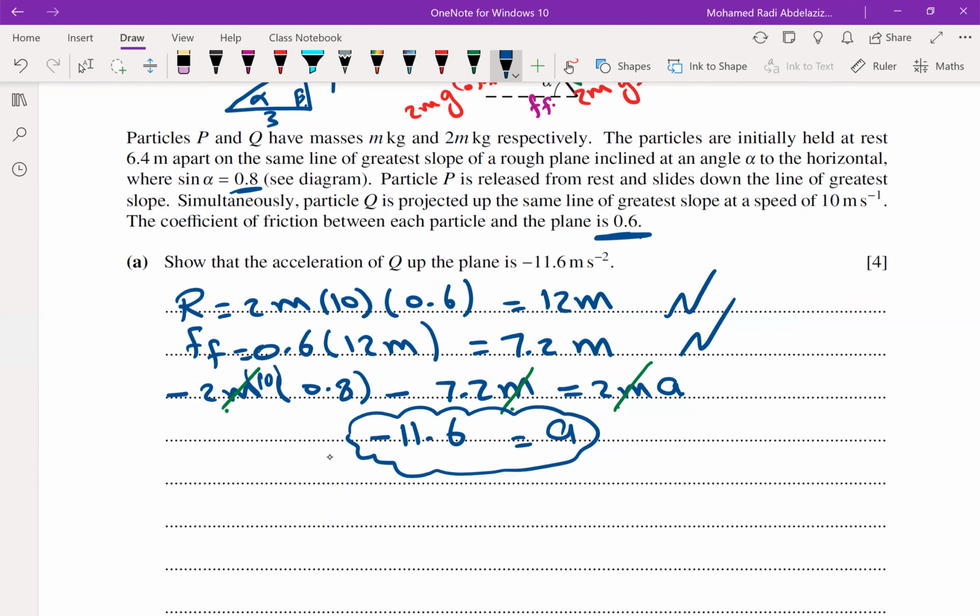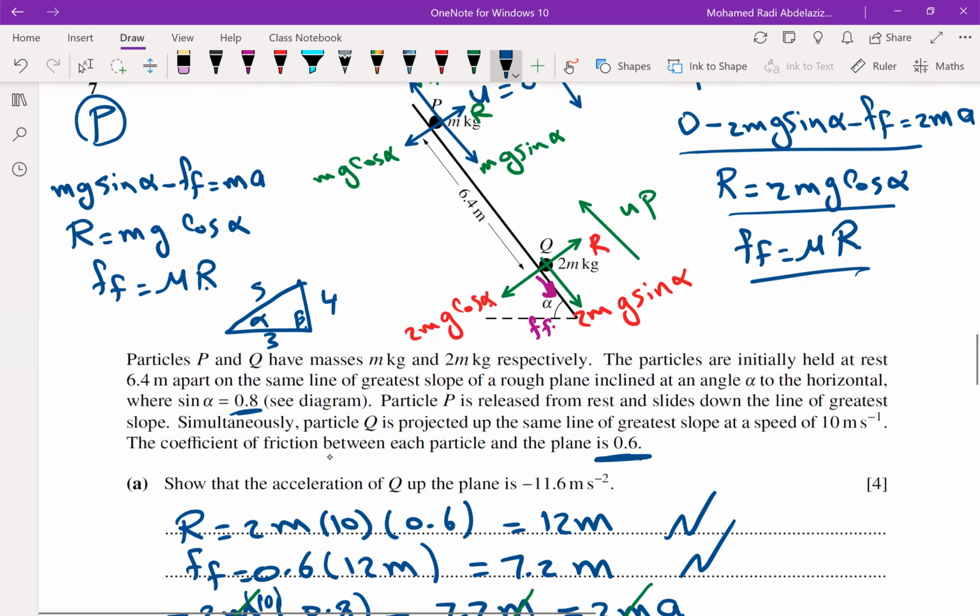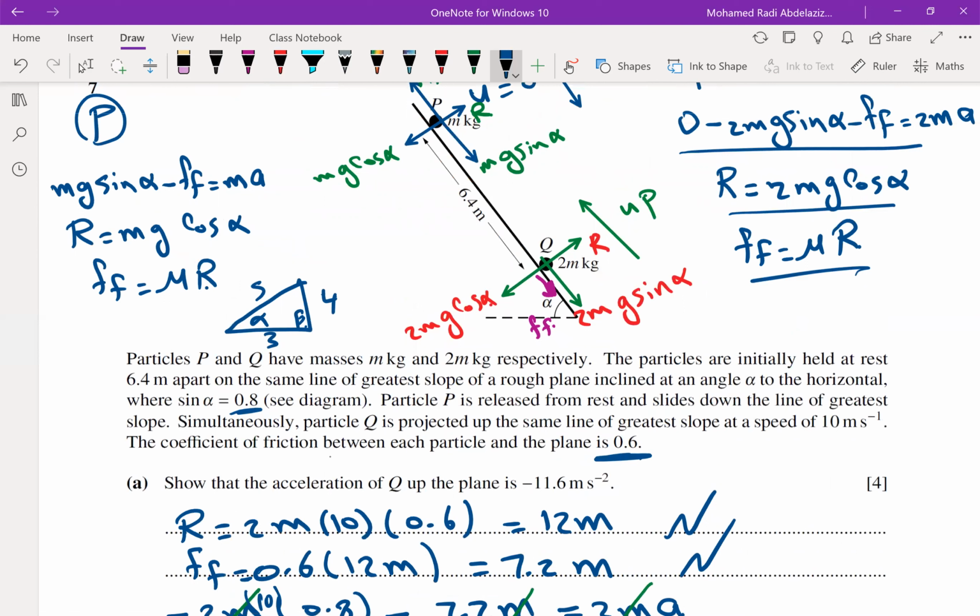In the same way, you can go to particle P in case I ask about the acceleration of particle P. Find R, which is mg cosine alpha, find the friction force, find the acceleration.